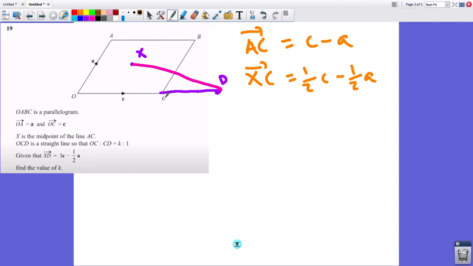Now I'll focus on vector CD. I'm going to use this bit of information here to find out vector CD.